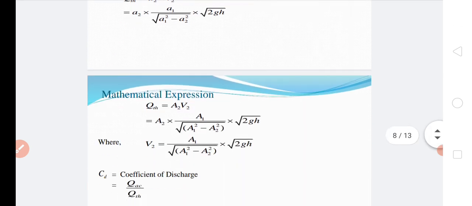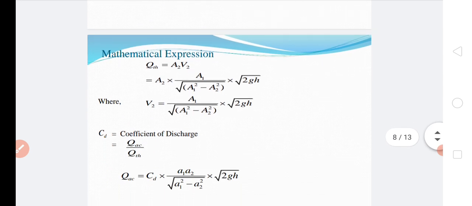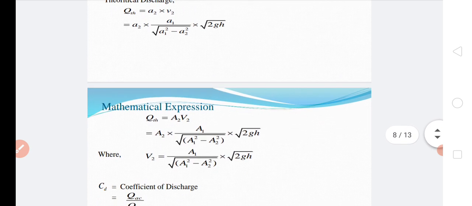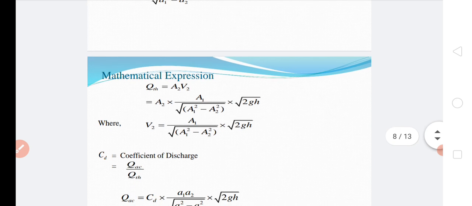So, mathematically QTH equals A2 V2. Writing capital A1 instead of small a1, and capital A2 instead of small a2, QTH equals A2 V2 equals A2 into A1 upon root over A1 square minus A2 square into root 2GH.